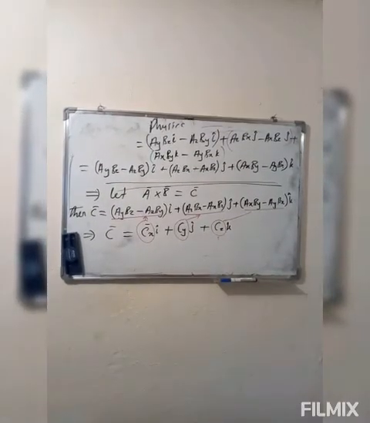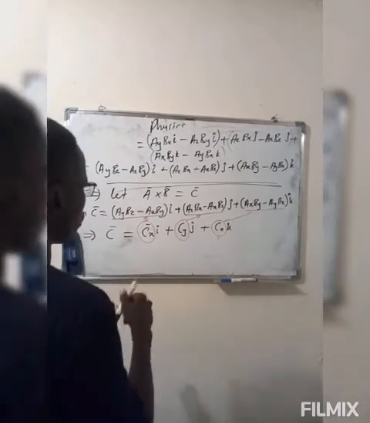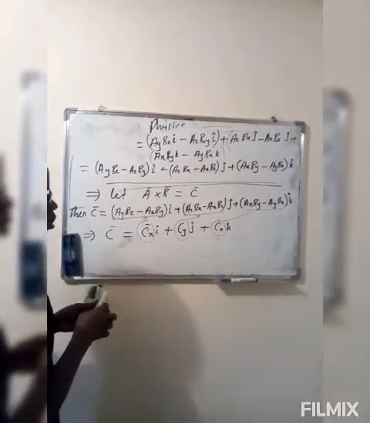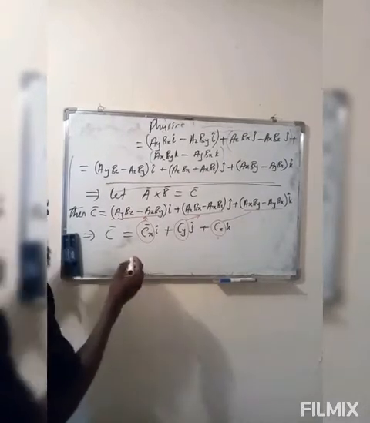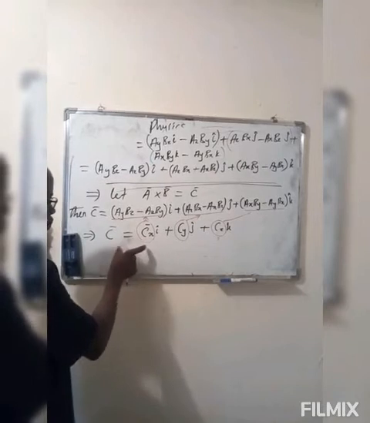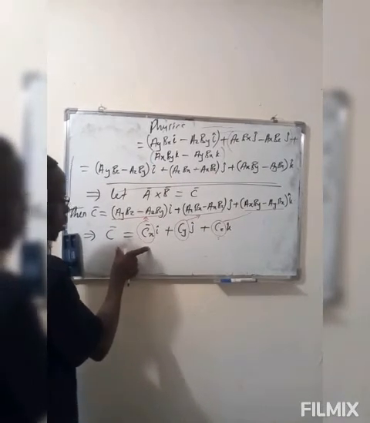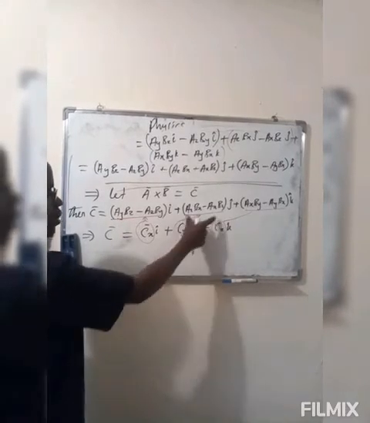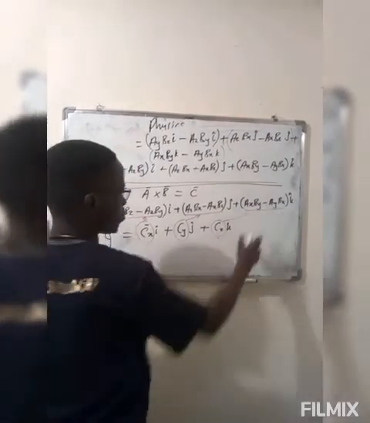Okay, so let's continue where we ended with this. We're now trying to represent each of these as a new vector called vector C. So Cx is that, Cy is that, and Cz is simply that.